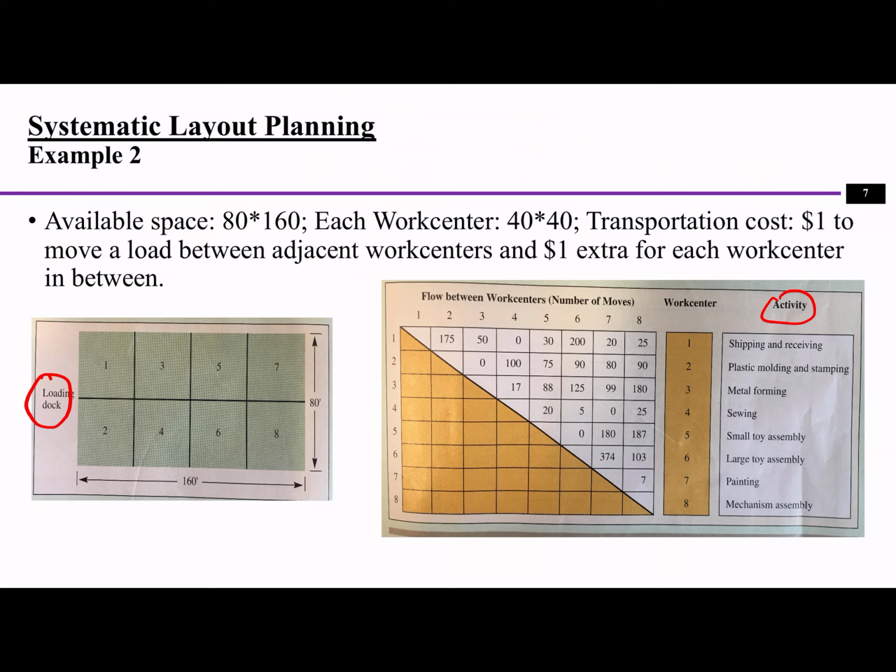So this is a loading dock, which means that you probably want to have receiving and shipping close to the loading dock, right? Instead of putting shipping and receiving really far from it, then you have to move a really long distance to come back to the shipping. All right, so these are the conditions that we have for this problem.